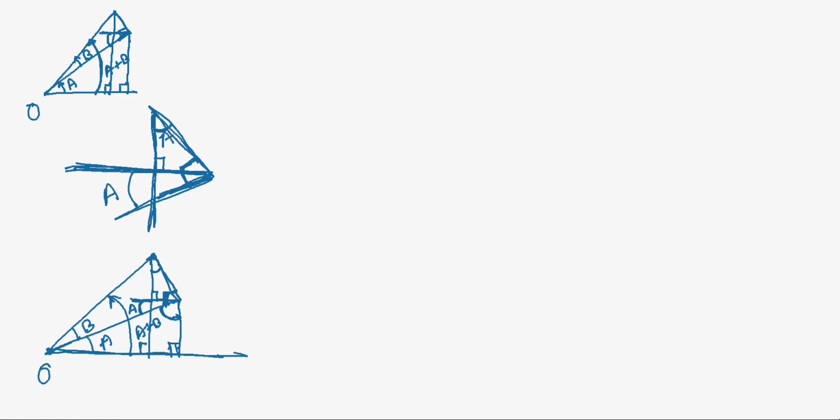Because if you draw a parallel line here also, we know that this is 90 minus A, and this is 90. Then this angle should be A. This is the same line, and these two are parallel. We get that?